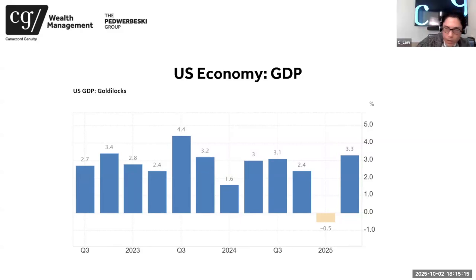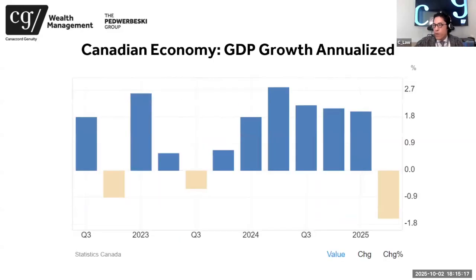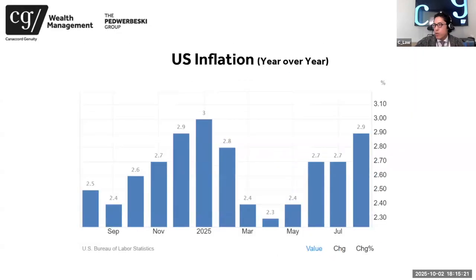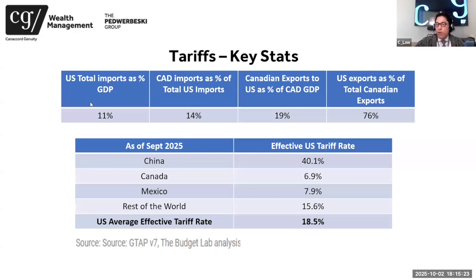So help me walk through that. Yeah, sure. Thank you for bringing that up. One thing that we went over, and it was pretty quick, in terms of the tariffs, let's quickly go over that. Tariffs as a percent of US GDP is 11%. So if you applied an 18.5% tariff rate on that 11%, you're effectively taxing the US at just under a 2% consumption tax. Essentially a tariff is a tax, a consumption tax based on what you buy.